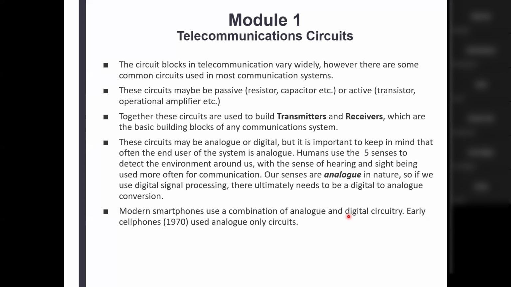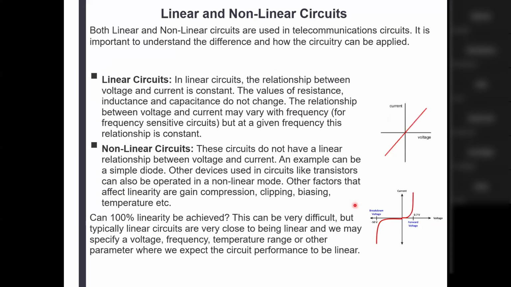However, a modern smartphone uses a combination of analog and digital circuitry, because that little earpiece that produces the sound waves that you can hear in your ear has to be analog, right? If you were just transmitting a digital signal, you would just hear that modem noise, and you would not be able to understand what the other person is saying.